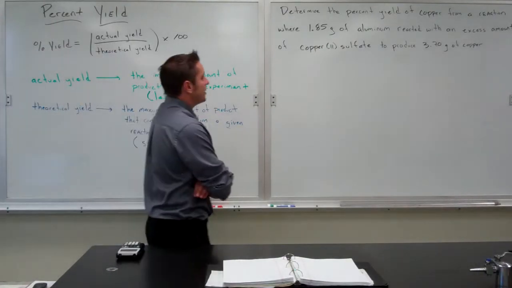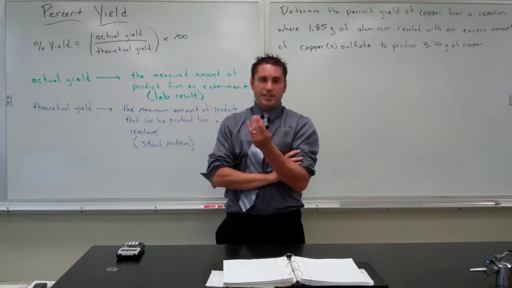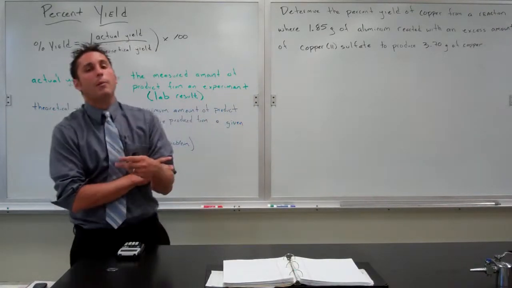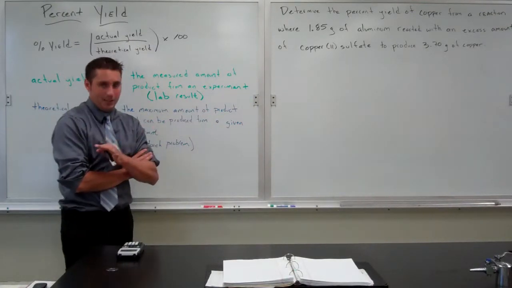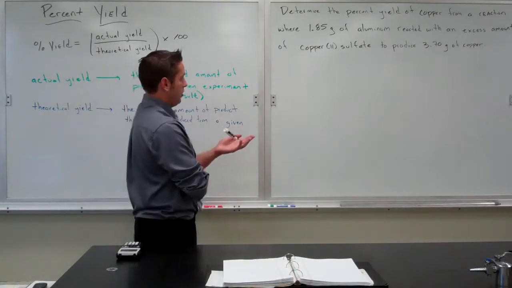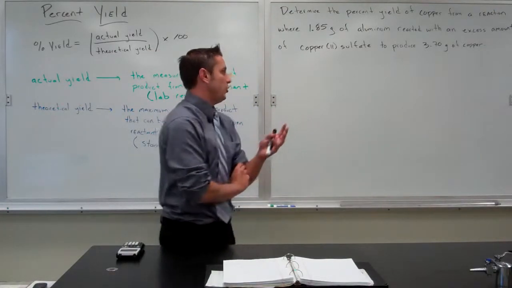So, if you take a look at the type of problem, the first thing we'll do is characterize into three types. Is it a normal stoich problem? Is it a percent yield problem? Or is it what we call a limiting reactant problem? Well, is it a normal stoich problem? It could be. Is it a percent yield? Yes, right? Because you see percent yield.